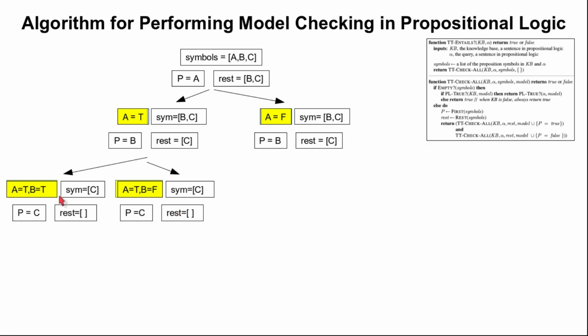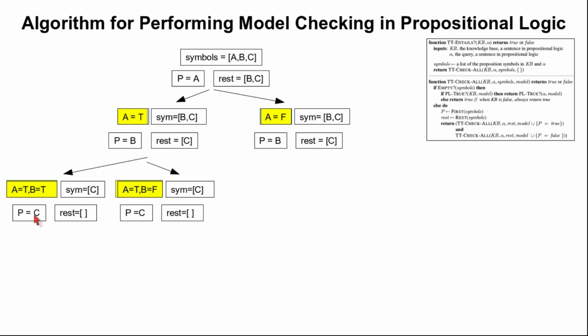Now once we calculate the value of p and rest, next we will call check all, one more recursive call. And this time, as we call, we will increment our model to include p equal to true and p equal to false.